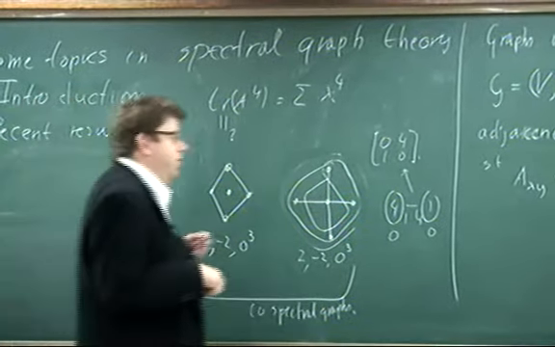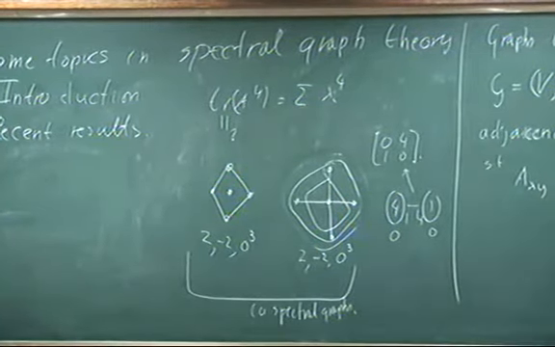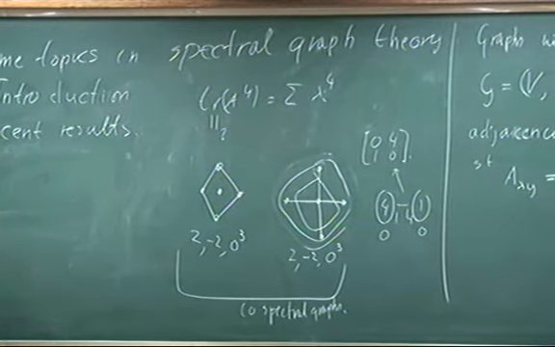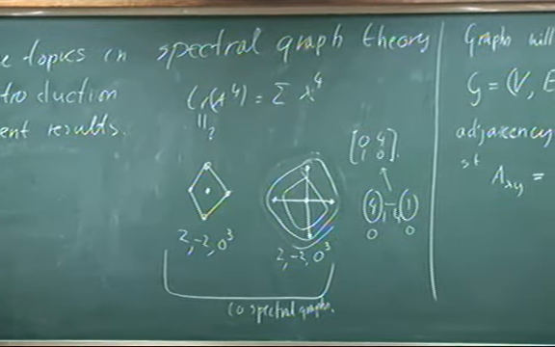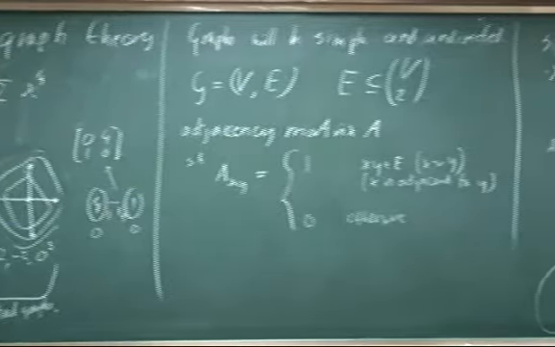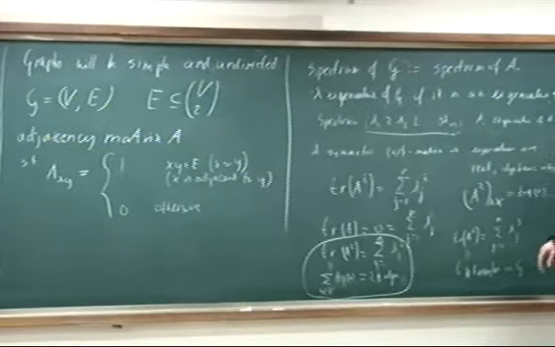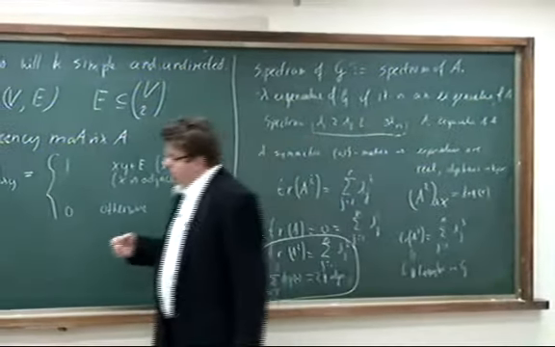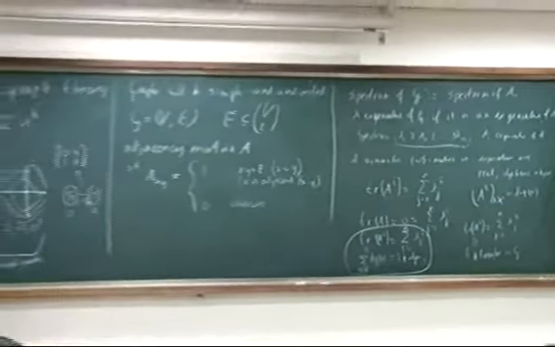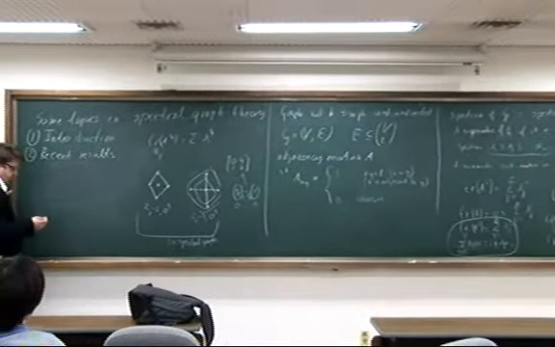Okay, so an interesting question is, what kind of combinatorial properties can you obtain from the spectrum? So an open question is the following.